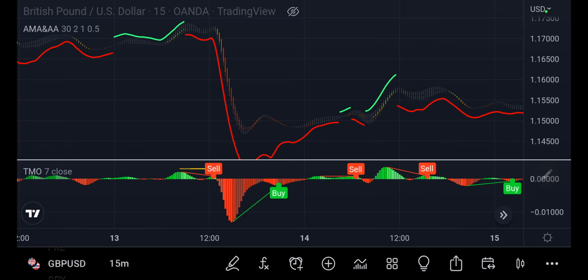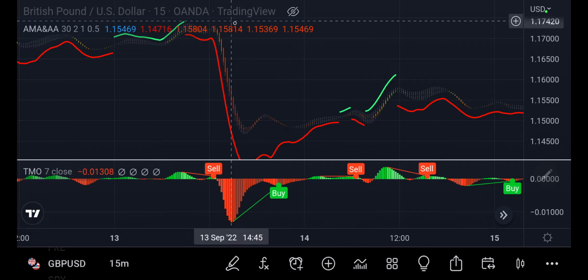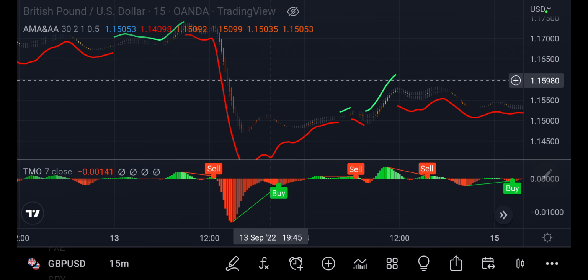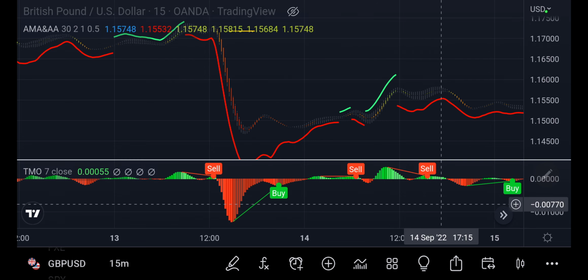Beautiful signal here, and the sell appears in this area. These are the dark candles, and this is your first entry in this area. Then you can see how the market dropped.